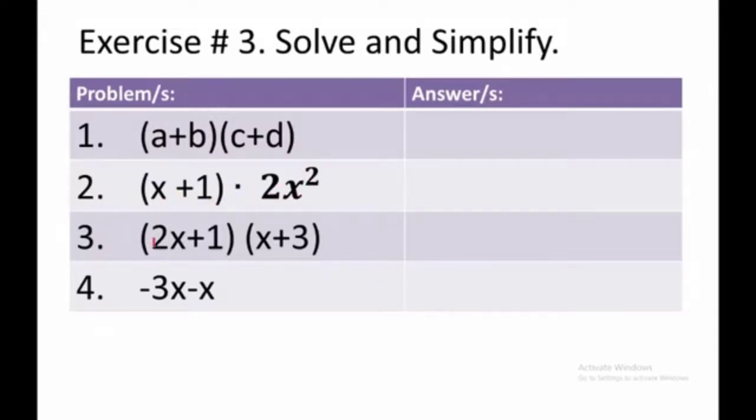Number 3, quantity 2x plus 1 multiplied by quantity x plus 3, or the sum of 2x plus 1 multiplied by the sum of x plus 3. For number 4, negative 3x minus x. Again, number 4, negative 3x minus x. Your 30 seconds starts now.